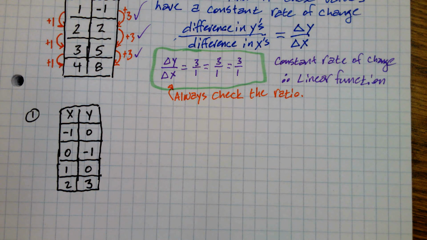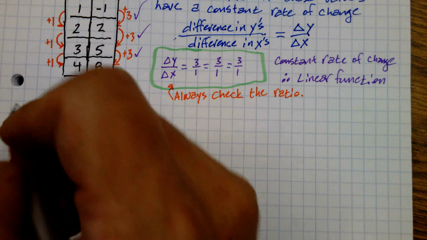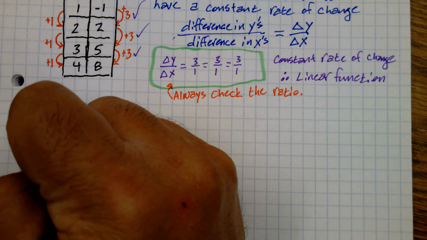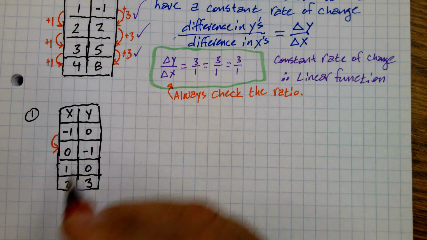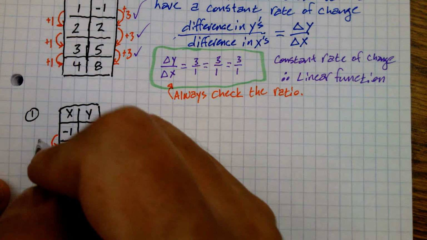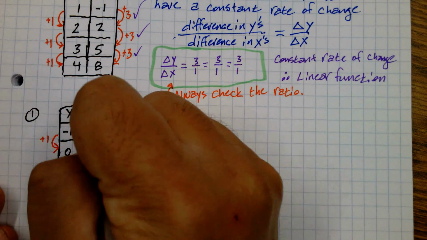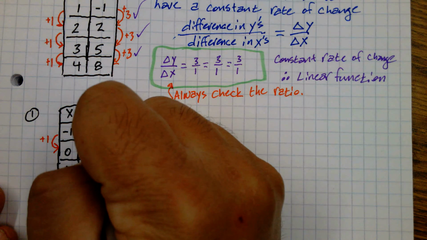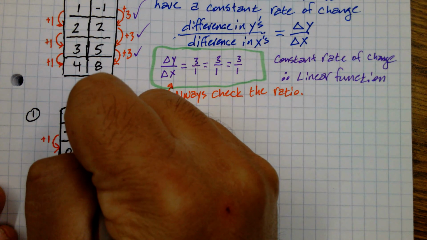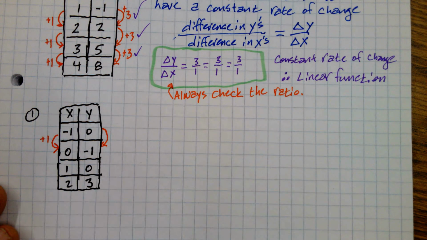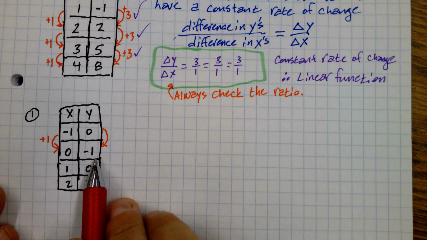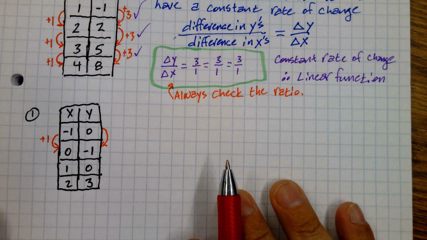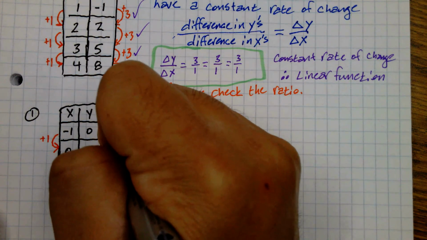All right, you guys ready? So let's see, going from -1 to 0, that was +1. And if I go from 0 to -1, that'll be a -1.